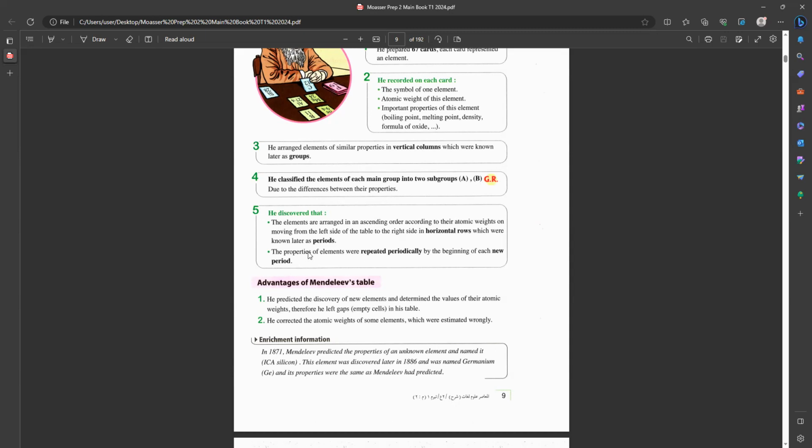And after that, after arranging the table in periods and groups, he realized that with each new period, the element properties repeat periodically. So the first element in the first row has properties similar to the first element in the second row, and the third row, like that.